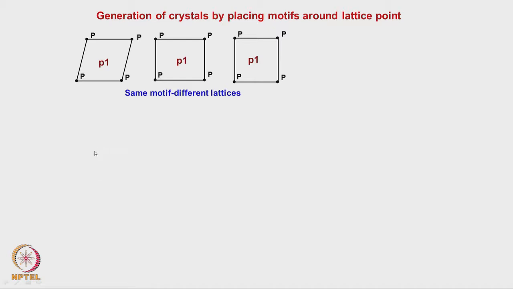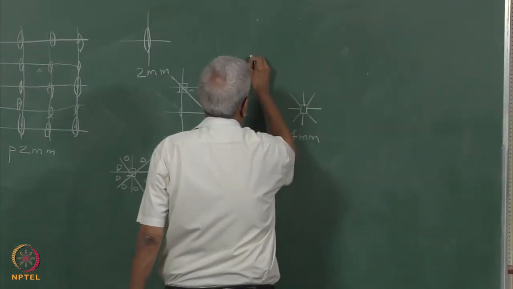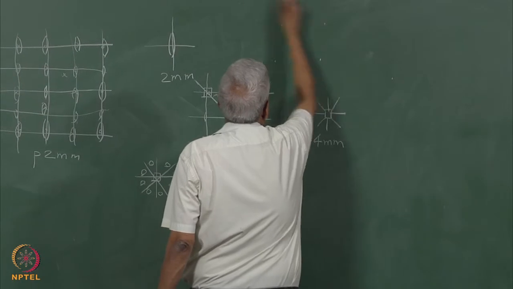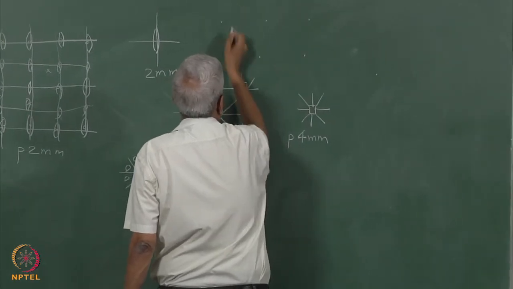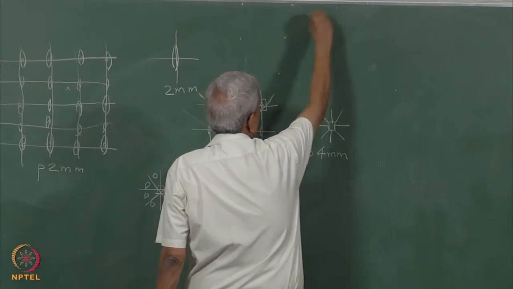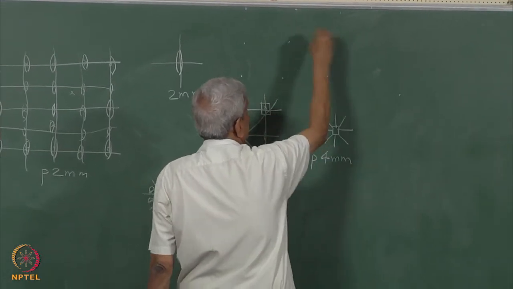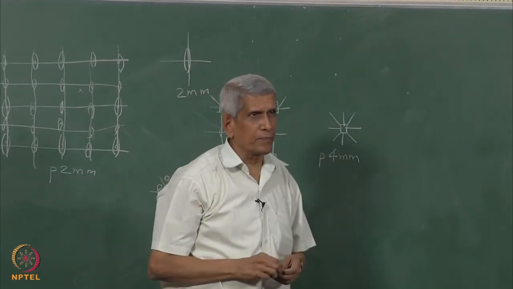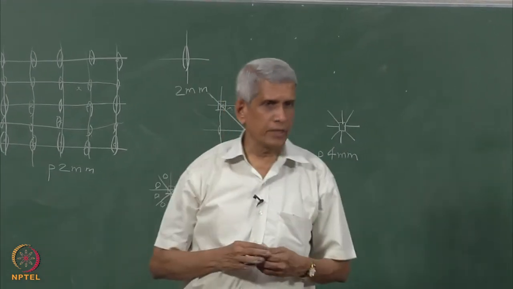What is the symmetry of the lattice? 2-fold, right? That is, around this point, around this axis, if I do a 180-degree rotation, I will be able to bring it back, correct? This has a 2-fold rotation.